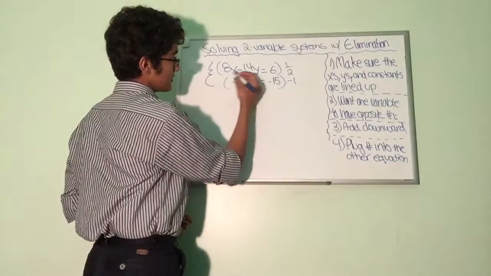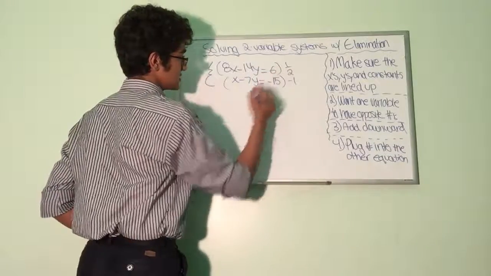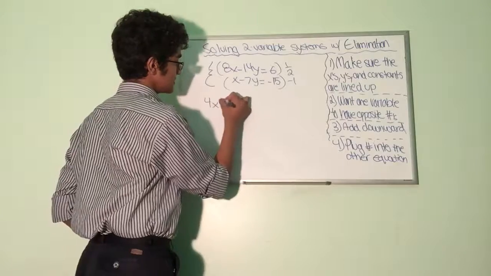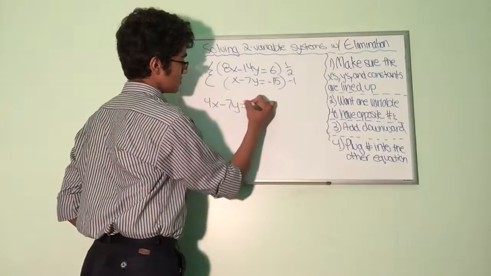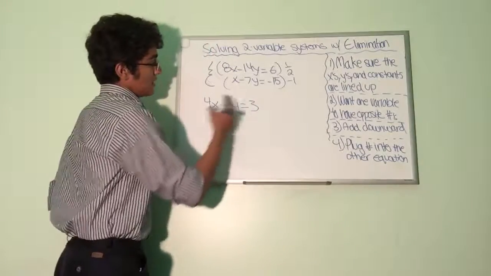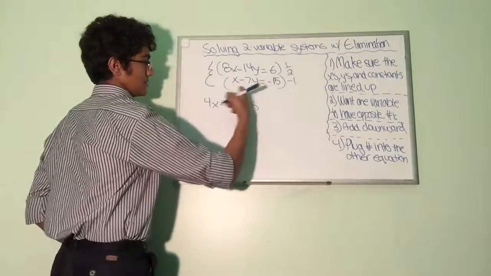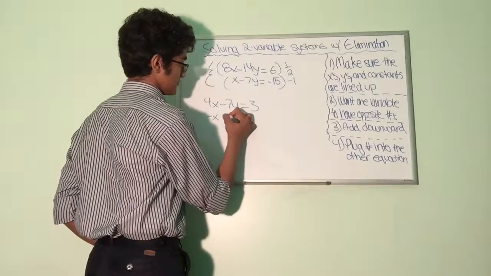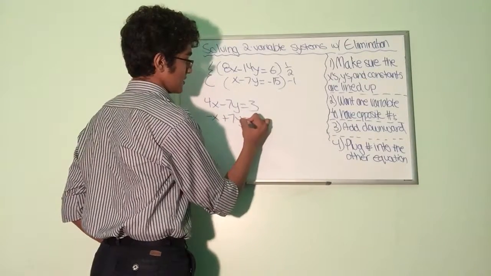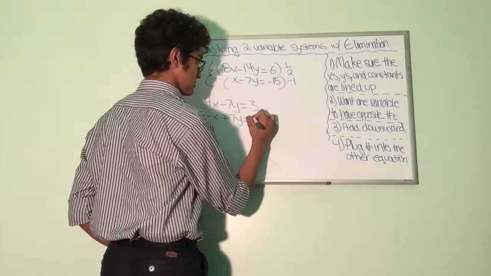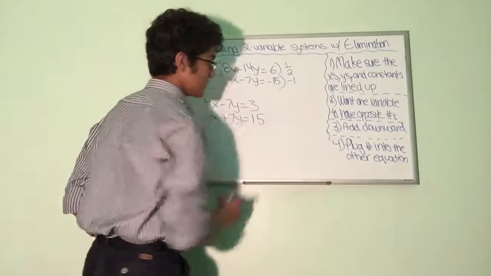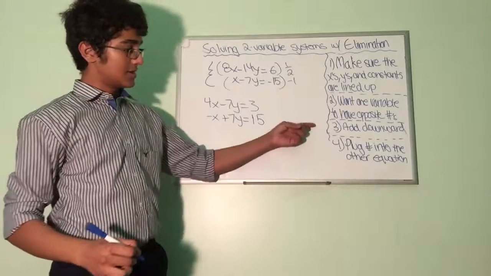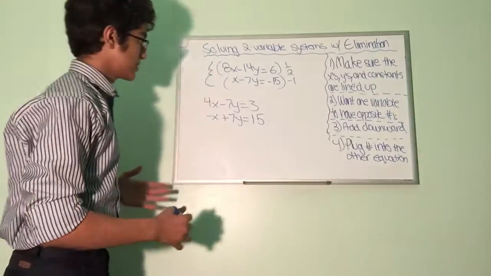So 8x minus 14y equals 6 times 1/2 would give us 4x minus 7y equals 3. And then if we multiply this equation by -1, we'll get -x plus 7y equals +15.